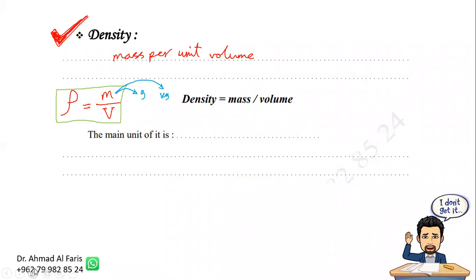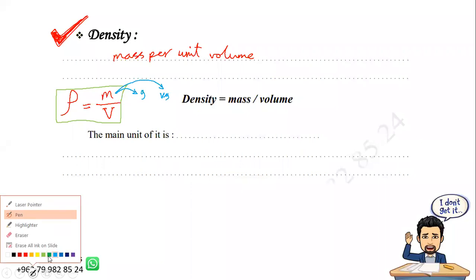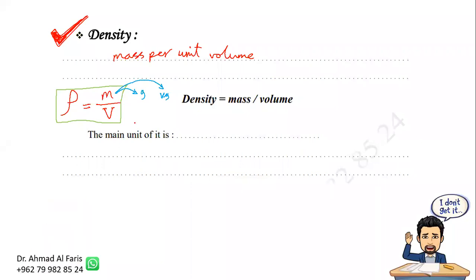And the same thing for the volume. The volume can be in cubic centimeter or cubic meter. This rho is a Greek letter rho, which they use to represent density. Density is rho or capital D, it doesn't matter. Equal mass over volume.